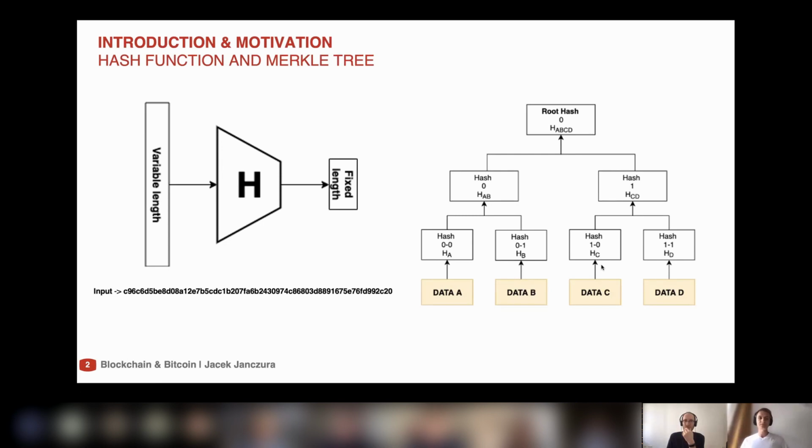So what is it? Hash function and Merkle tree. Hash function, you probably know SHA-256. A hash changes an input of variable length into a fixed length output. So the input text will be hashed, as you see on the screen.